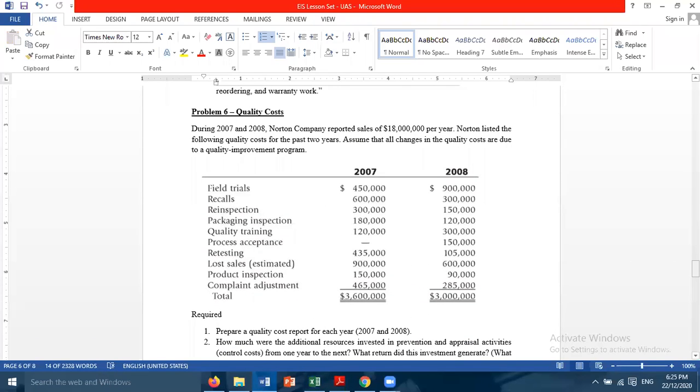Next, we're going to quality cost. All right, so quality cost is more theoretical, where in essence, the theory you guys need to remember is practically how to categorize the cost of quality. So I'll just mention a little bit about it.